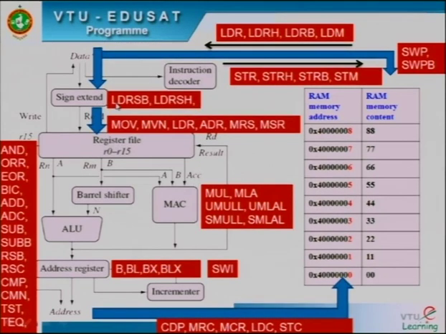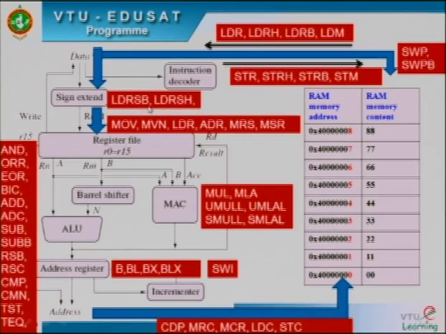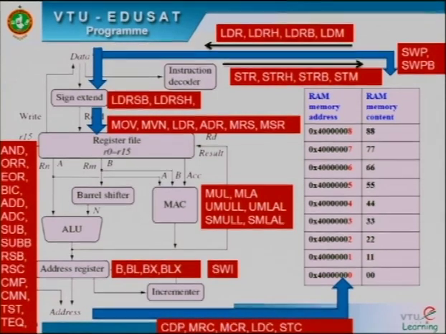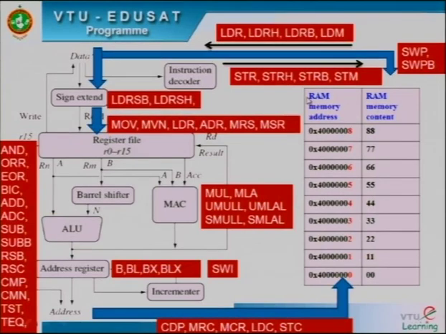What are these two instructions? LDRSB, that is load register signed byte, and LDRSH, that is load register signed half word. These 4 plus 2, six instructions, are used for loading the RAM content to the register file. And there are some instructions which help us store register values onto the RAM location.